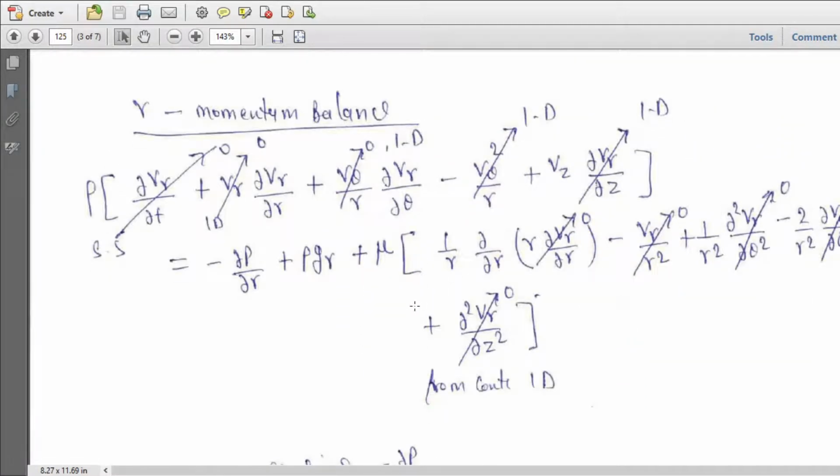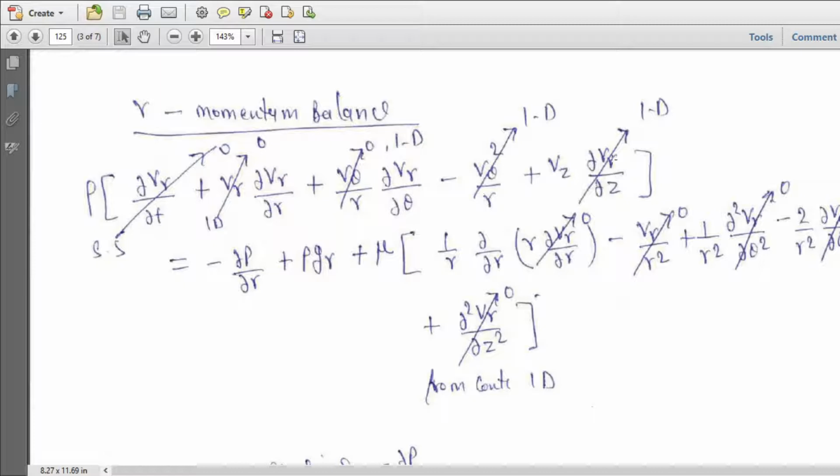Now you have the r momentum balance. If you write the r momentum balance as given by this, we can simplify that. This is steady state, so this term will be 0. One dimensional flow only in the z direction, so Vr and V theta are equal to 0.